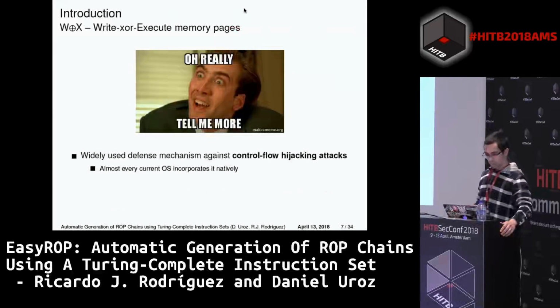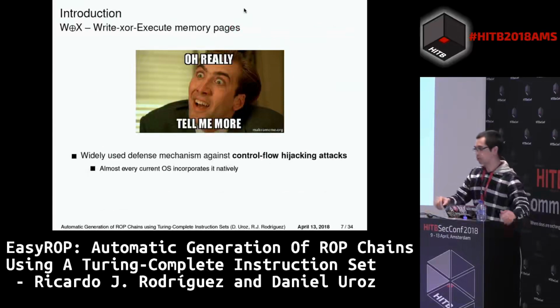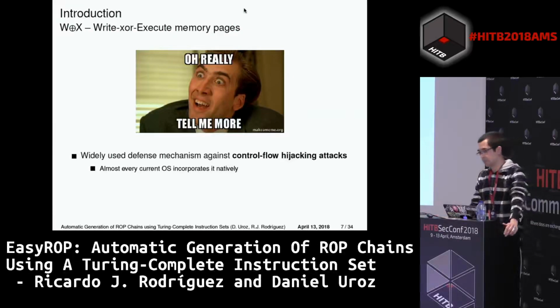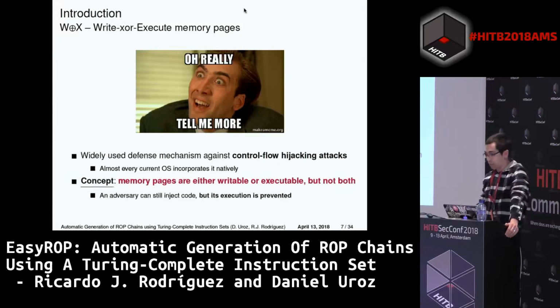Well, let me talk a bit more about write xor execute. Write xor execute is a defense mechanism that is widely used, actually. In fact, almost every current operating system incorporates this kind of defense mechanism natively. The main idea of write xor execute is that the memory pages of a process are either writable or executable, but they are not both, okay?